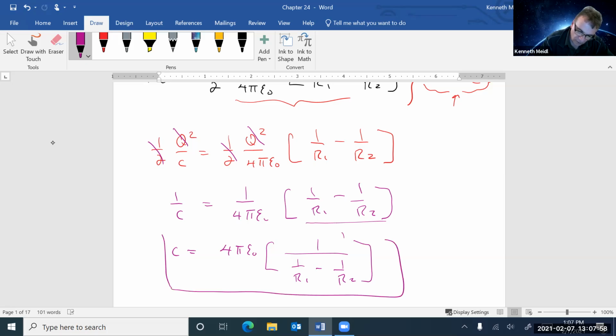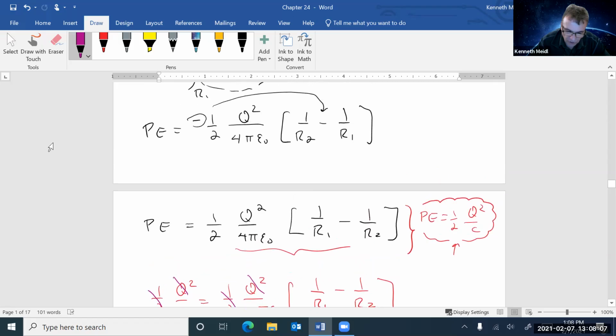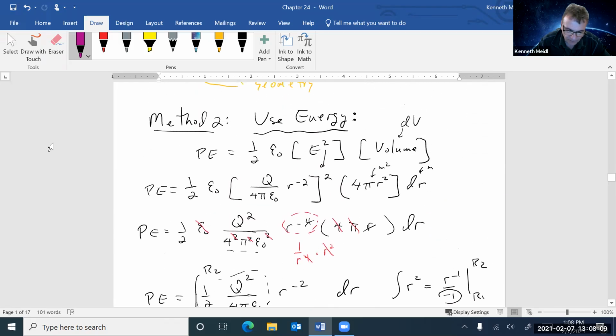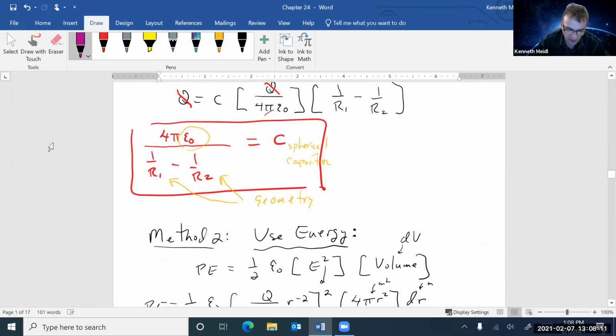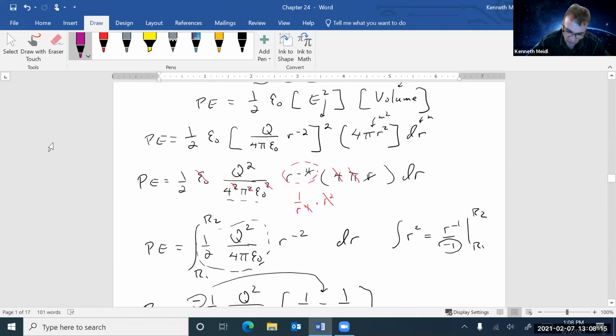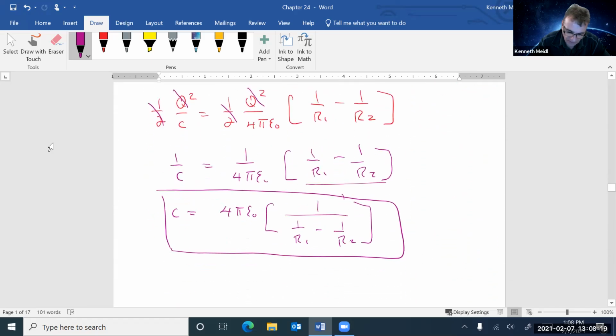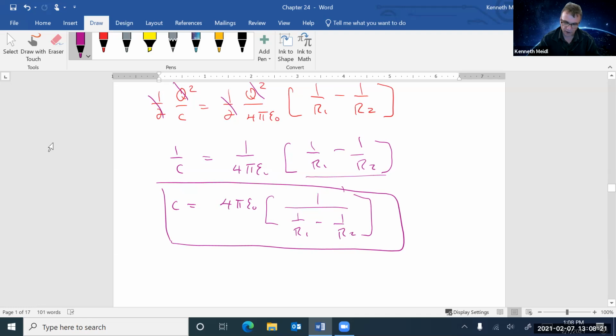And so we could have some sort of statement like that. And at least algebraically, we should be able to show that it equals what we had before. And so 4 pi epsilon naught all over 1 over R1 all over 1 over R2. I don't have to do any algebra. Okay, looks like they're already equivalent.